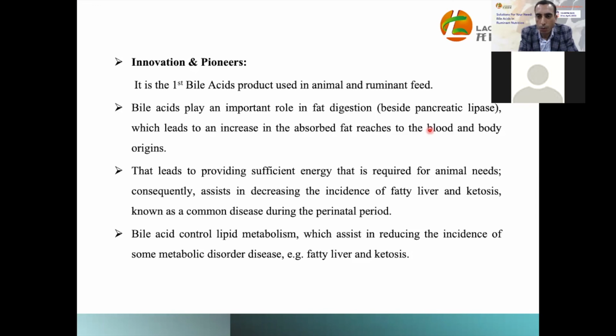In this case, it works as an emulsifier, and this is the main role. The second one is that it improves animal efficiency and productivity by minimizing the incidence of some metabolic disorder diseases, as confirmed by fatty liver, ketosis and retained placenta. So finally, it can improve the performance and efficiency of dairy cows in many aspects.